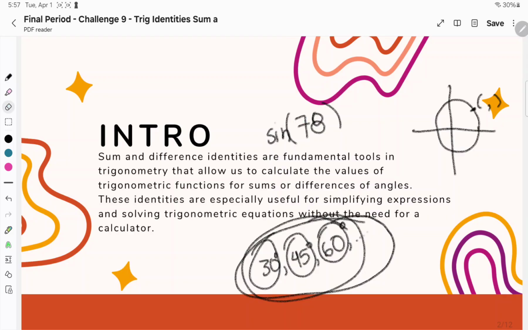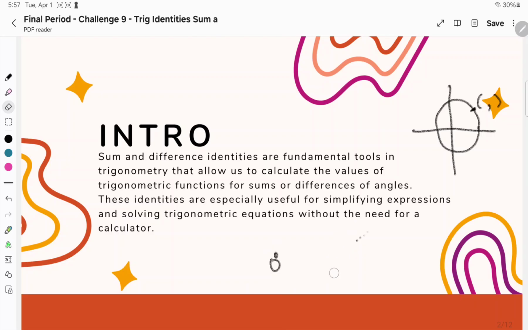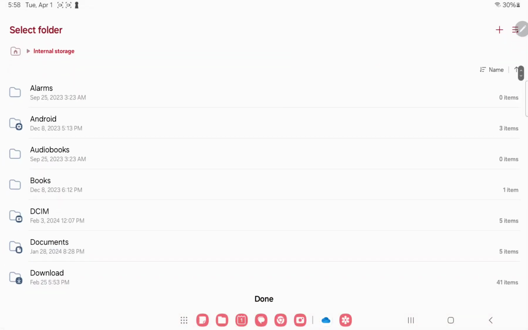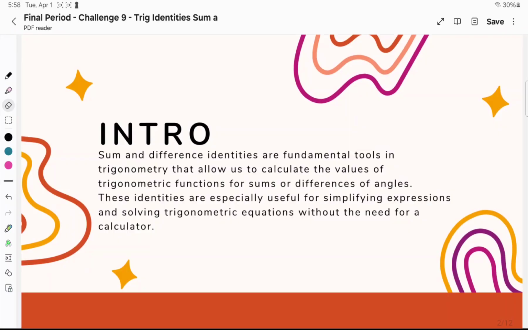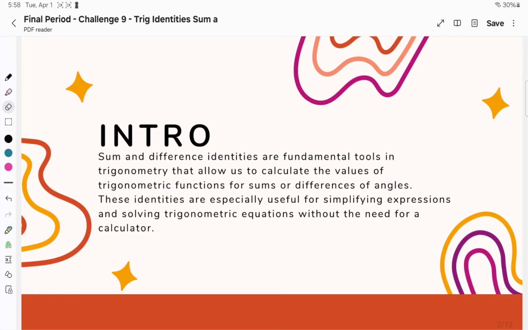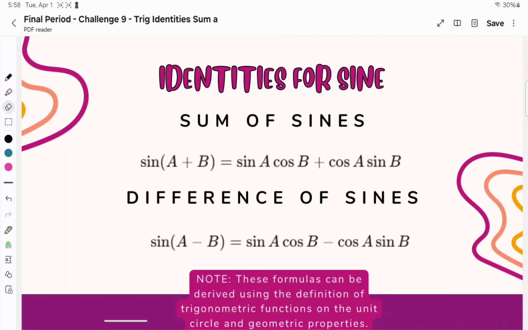That's the whole point, kind of. That's where we're gonna be using the identities for the sum and the difference of an angle, okay? So before I move on, I'm gonna show you the identities that we're gonna be using, okay? So give me just a second. I'm gonna go to the next one.